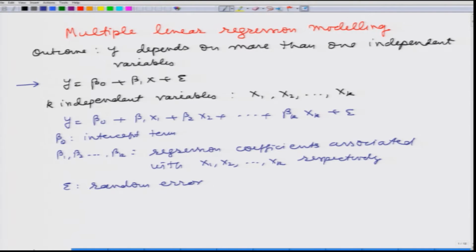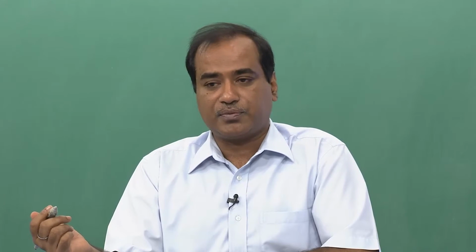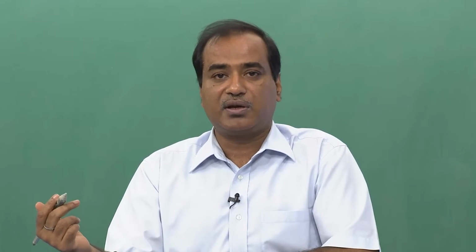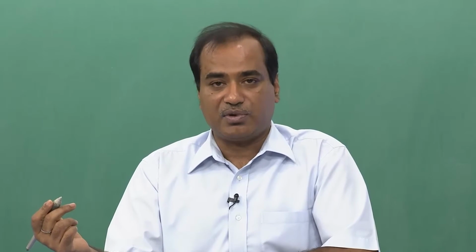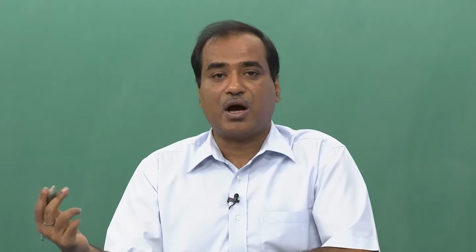Now, in this case, the role of random errors becomes quite important. When we are dealing with a real life situation, the first step in doing a regression modeling is to identify what are my independent variables, or what are the variables which are going to affect the outcome y.